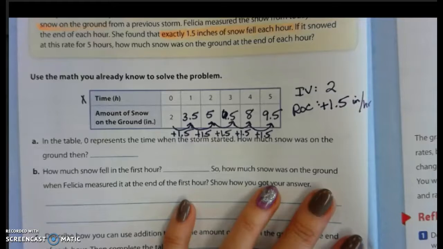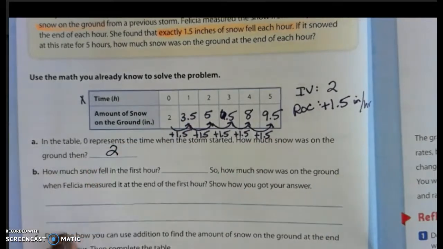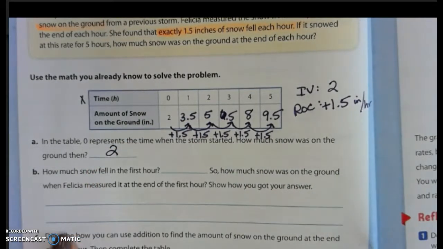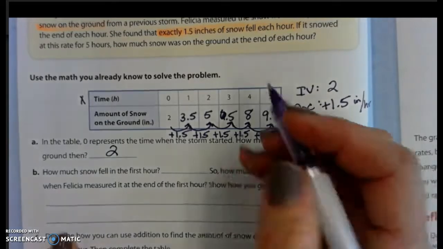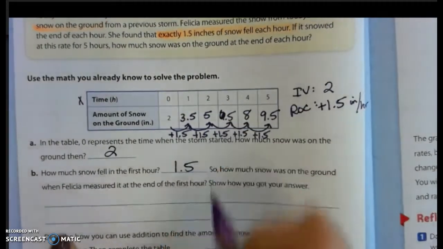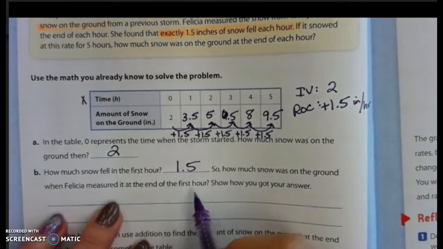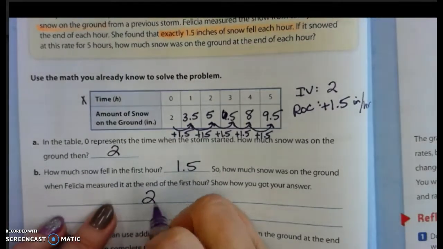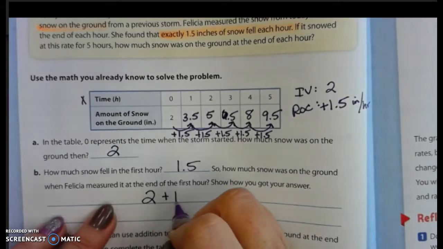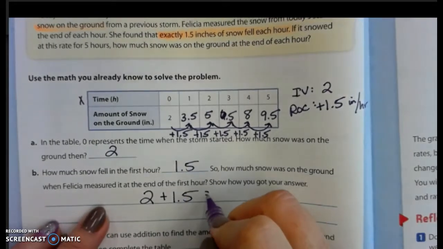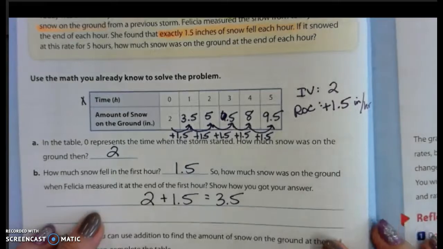How much snow was on the ground? There was 2 inches. They told us that in the problem. How much snow fell in the first hour? 1.5 inches. So how much snow was on the ground when she measured at the end of the first hour? There was 2, and it added 1.5 to give us 3.5 inches.